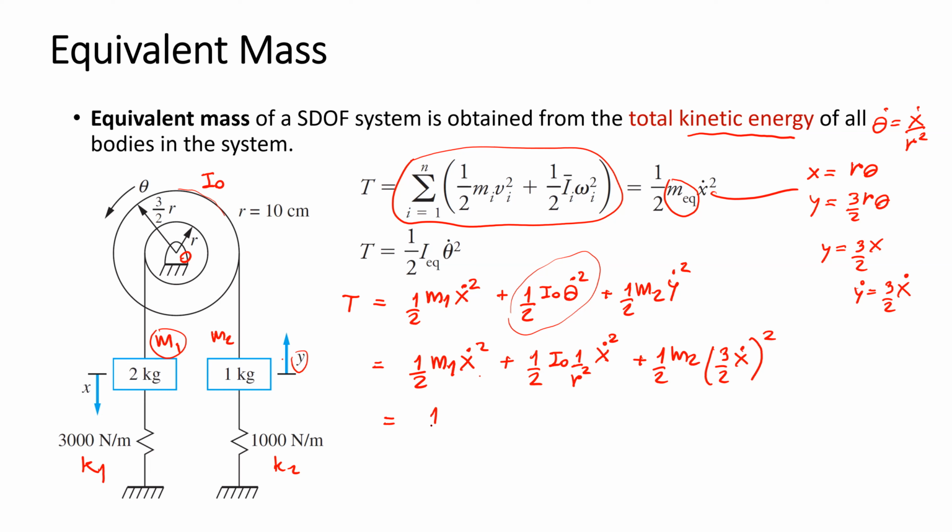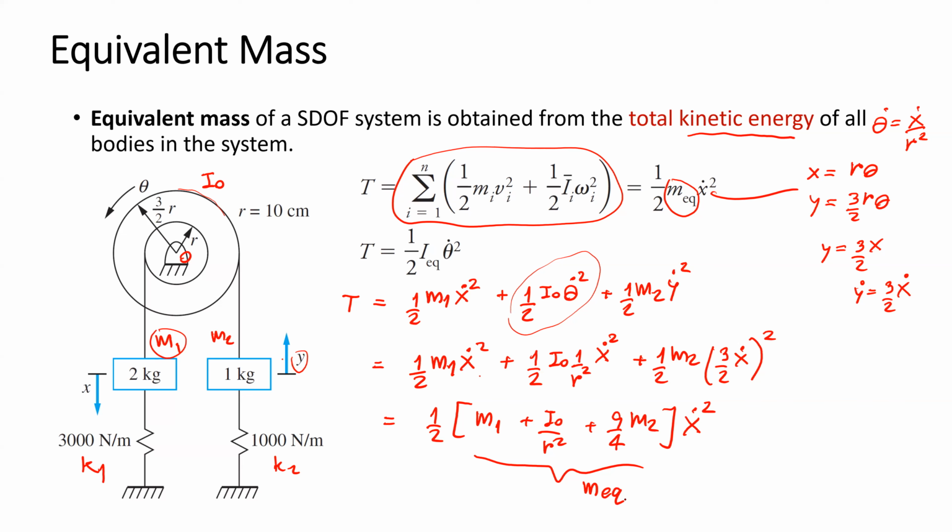So we have 1/2 of M1 plus I_O over r square plus 9/4 of M2, times x dot square. So this is going to be the equivalent mass of the system.